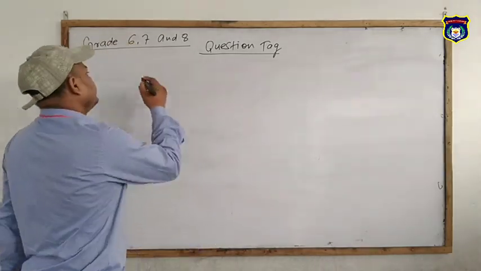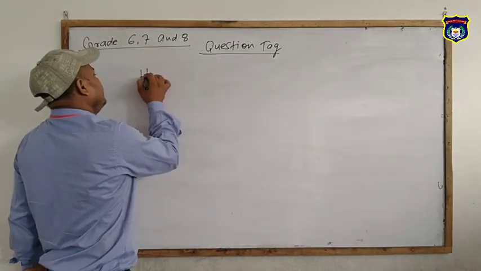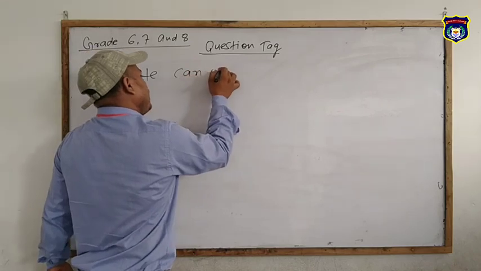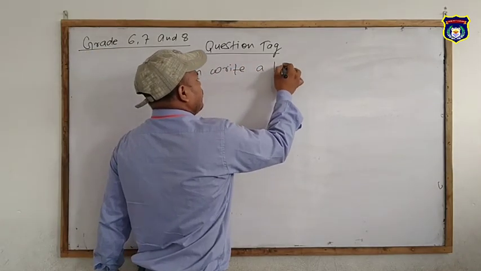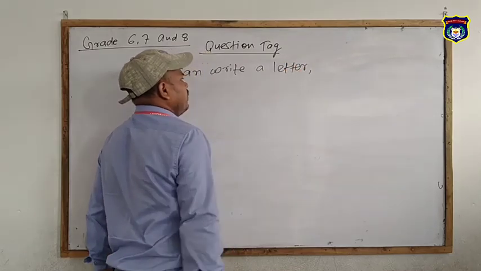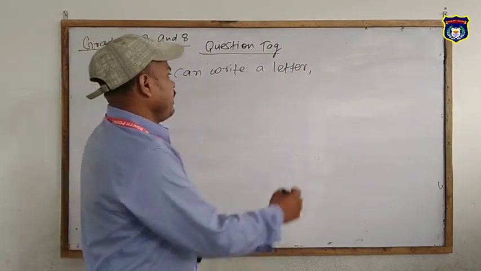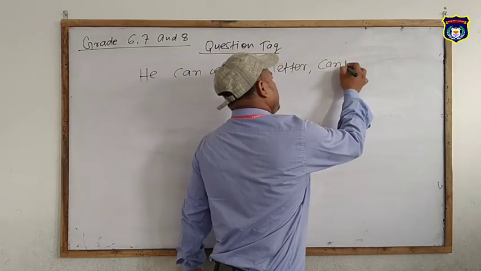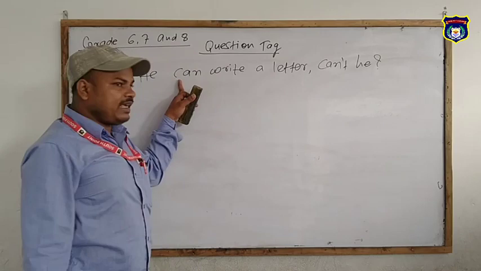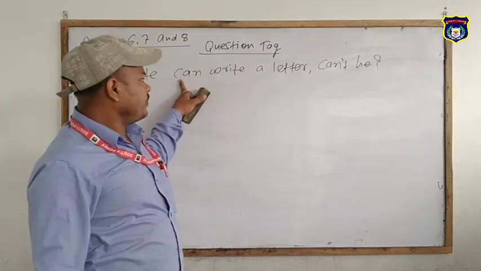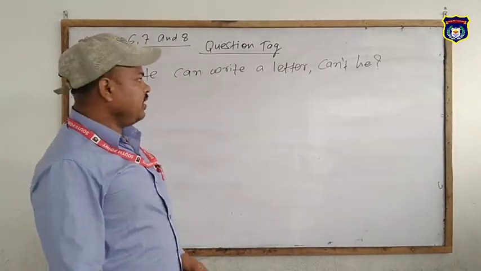Next example, he can write a letter. Then, can't he? Because can is an auxiliary verb, so can't he?